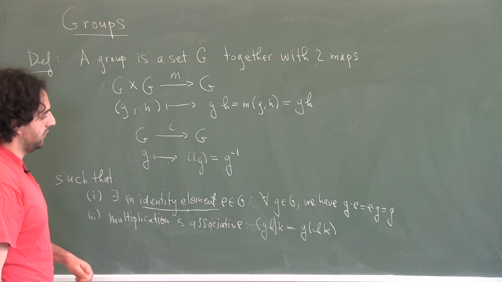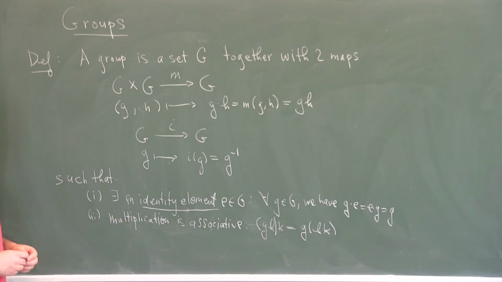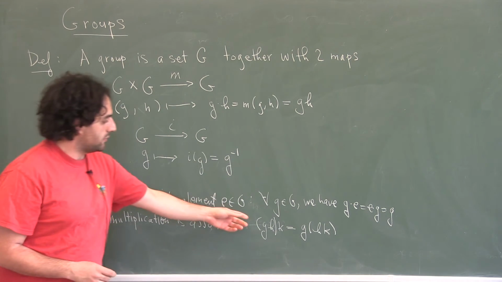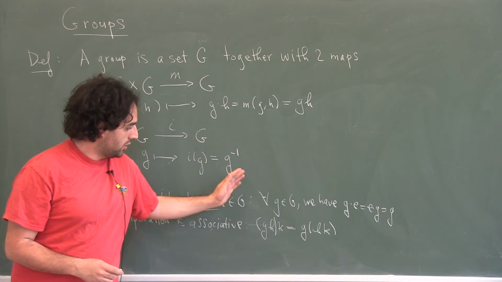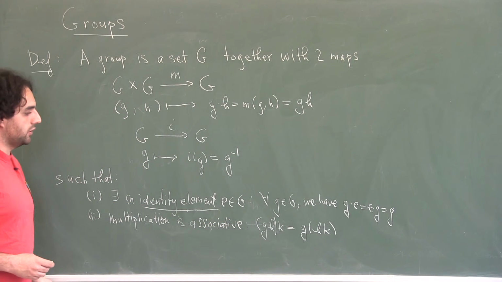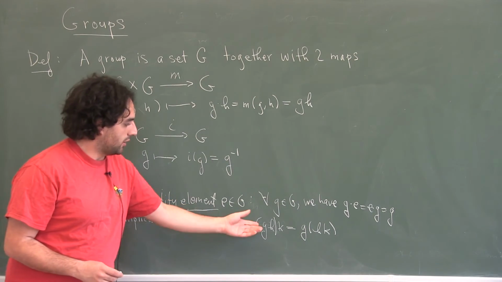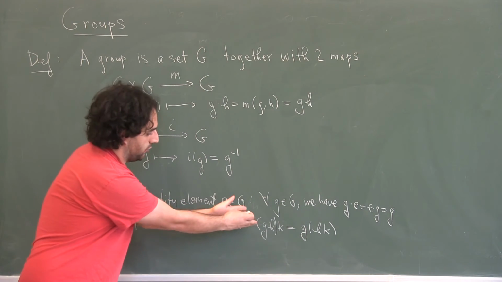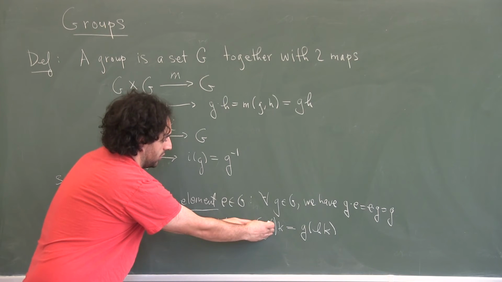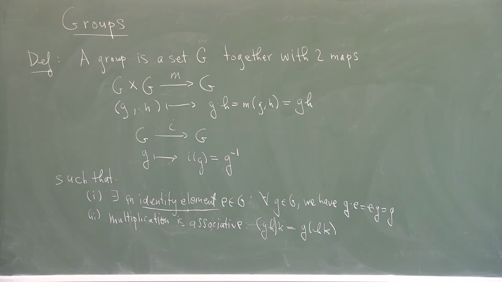And those are the same. More generally, if you look at a string with more than three elements, it doesn't matter where you put the parentheses. So from now on, when we work with groups, we usually don't write the parentheses, except sometimes to explain what we're doing, if we first want to look at G times H as an element and then multiply it by K, and so on.